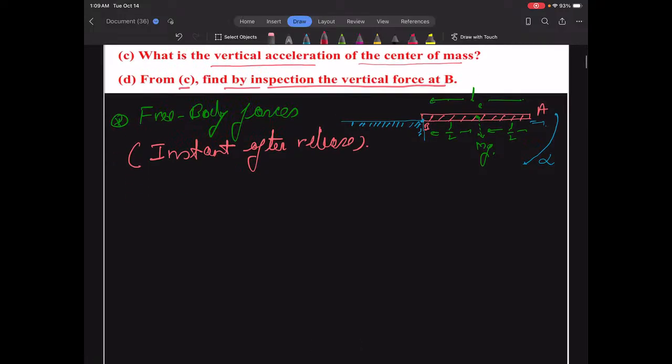And obviously there will be mg acting in the downward direction, which we have already drawn.